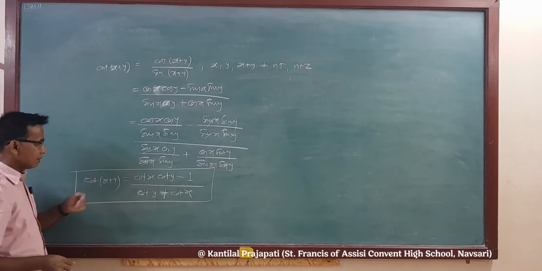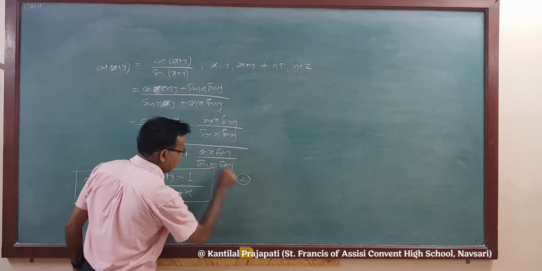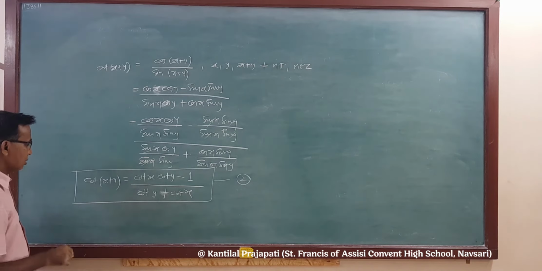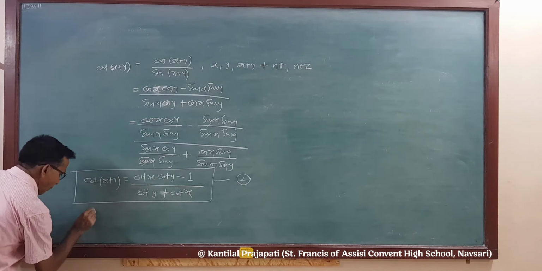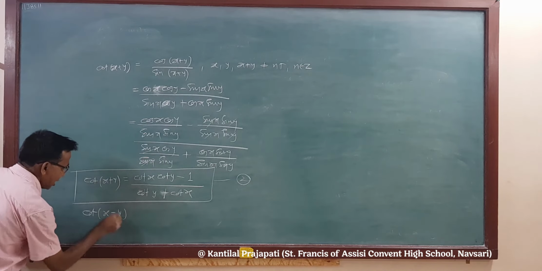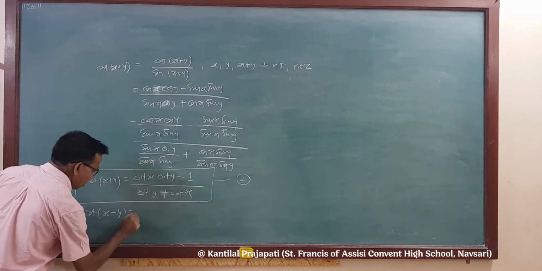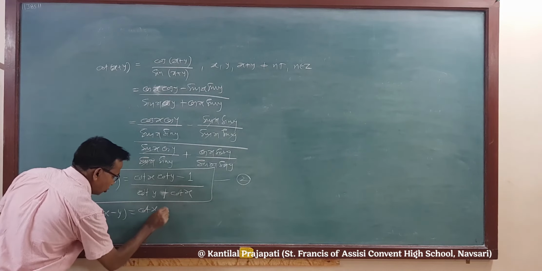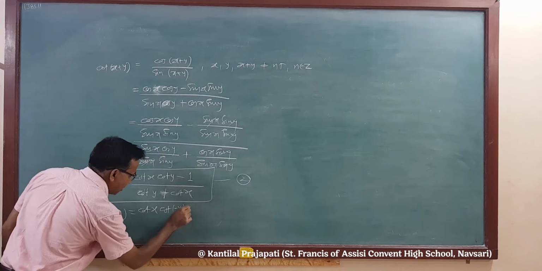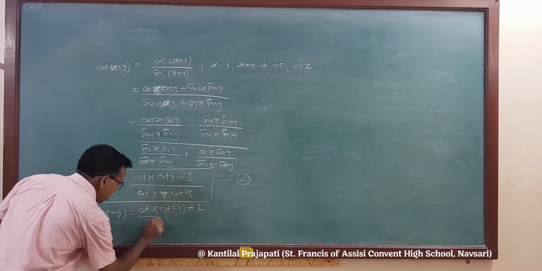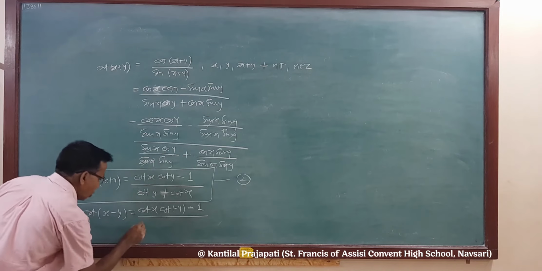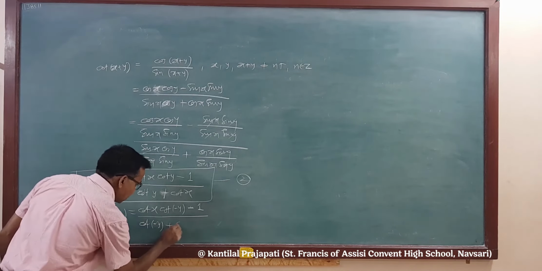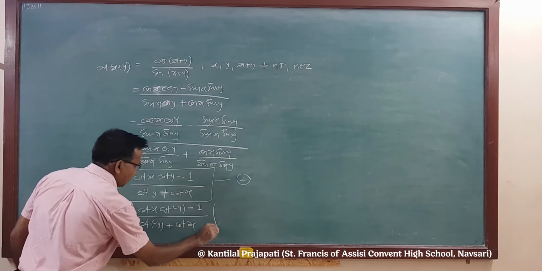Right? Now replace, so this is number 2. So replace y by minus y, we get cot of x minus y. Replace y by minus y in this formula, so we get cot(x - y) is equal to what? Cot x, here cot(-y), minus 1 upon cot of minus y plus cot x. Right?